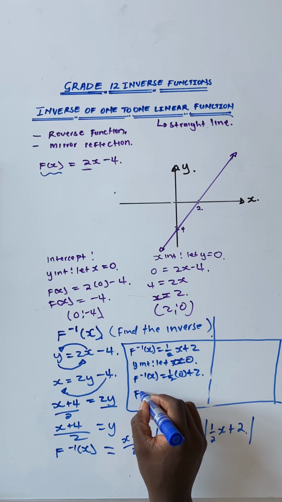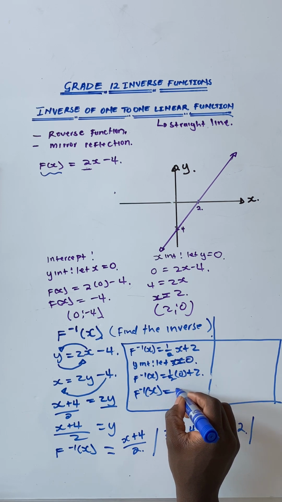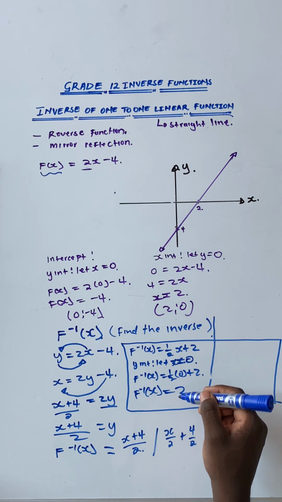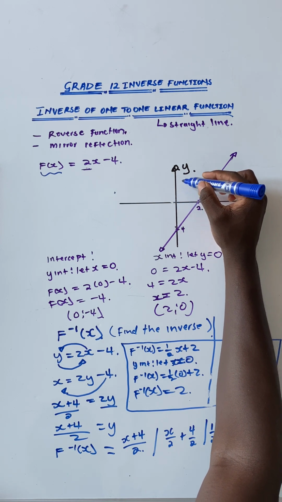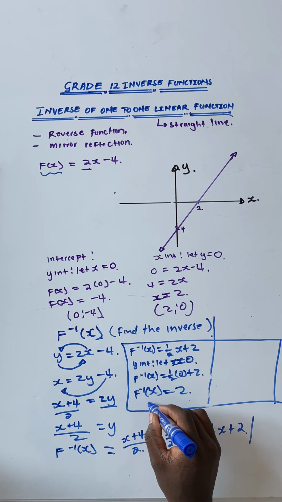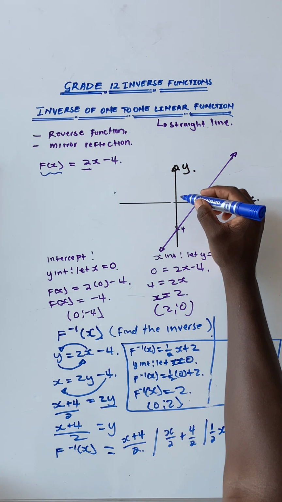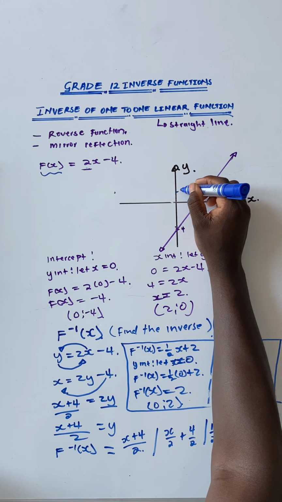That means our y-intercept is equal to 2. So the coordinates here will be (0, 2). That means somewhere there we have a 2.